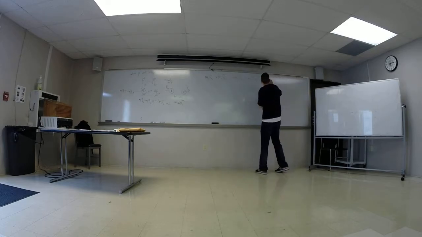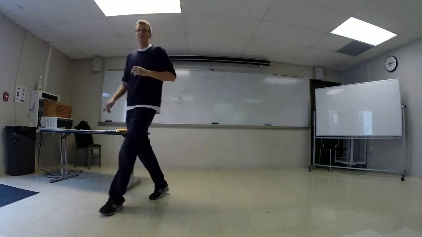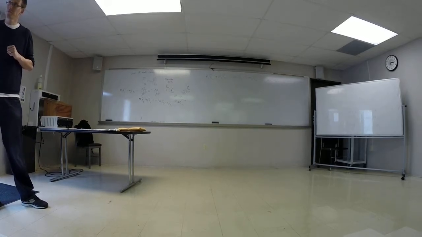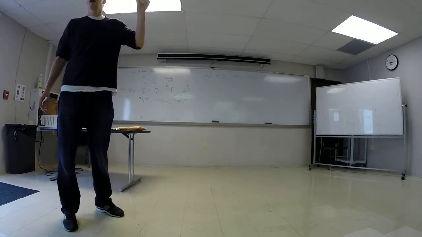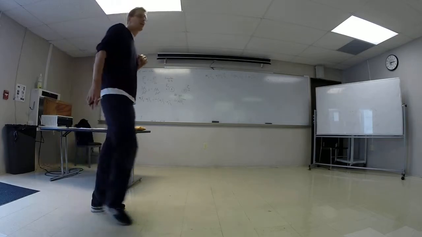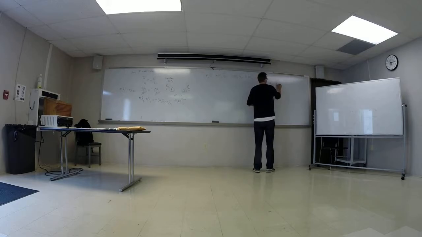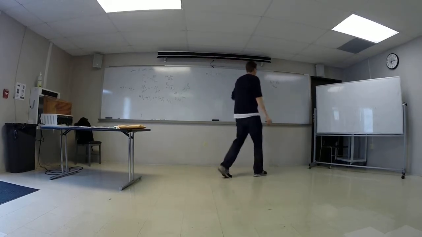I get that M1 V1 plus M2 V2 is conserved. They can exert forces on each other, but if they exert forces on each other, well, that means that the sum of these two is still going to have to be constant. Now, what is this? This is momentum of 1, this is the momentum of 2, and collectively that's the momentum of the system. So the momentum of the system is conserved.